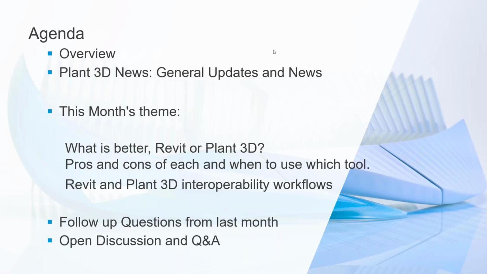The agenda of today: we will have some news, of course, as usual. We will also introduce some future elements of the product and future development. We will start with the safe harbor statement, and this month's theme will be the Revit product and the Plant 3D product, the pros and cons, what is better, some information that you need to know for those who don't really use both products simultaneously, and some interoperability workflow.